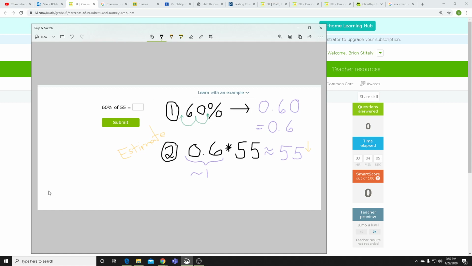So now step 3, we just need to go ahead and multiply. So we have 0.6 times 55.